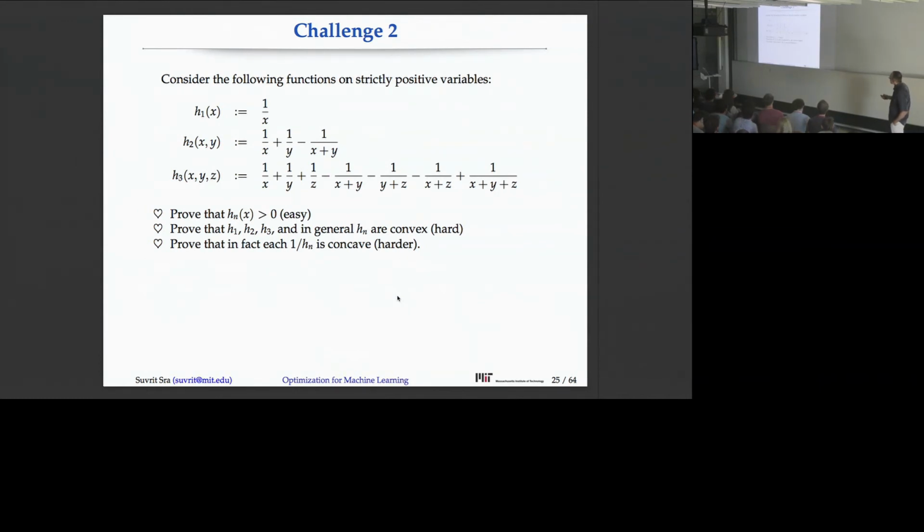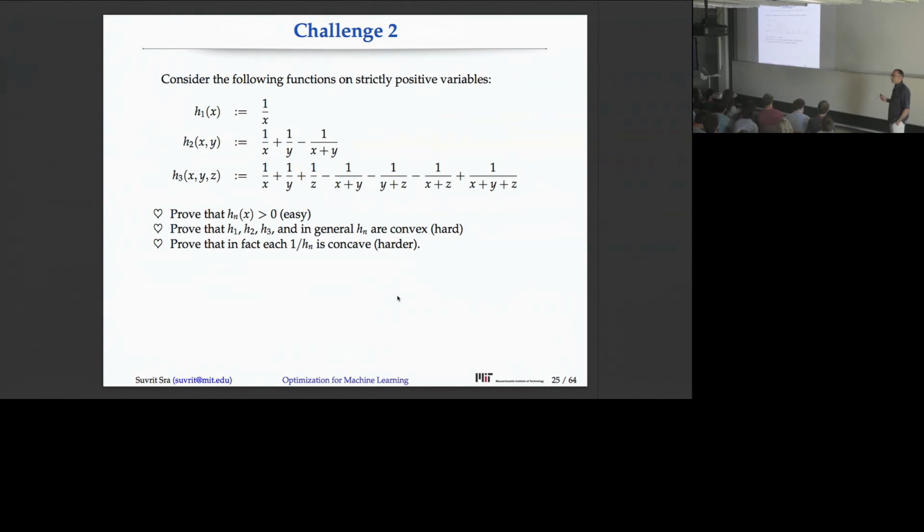So I have this alternating sum: 1 by x for one variable. If I have two variables, you have sums of inverses minus this taken in pairs plus taken as triples, and you can generalize this. The first exercise is to prove that this function is positive.